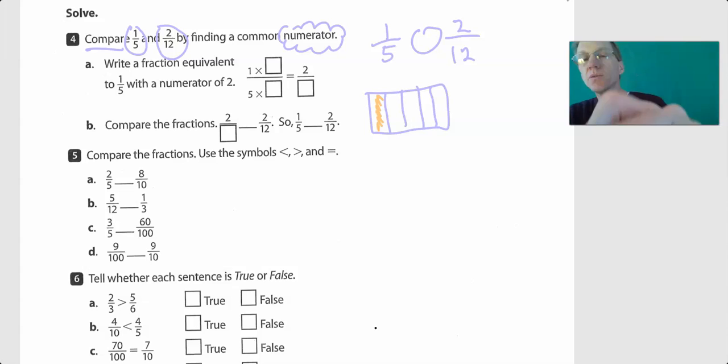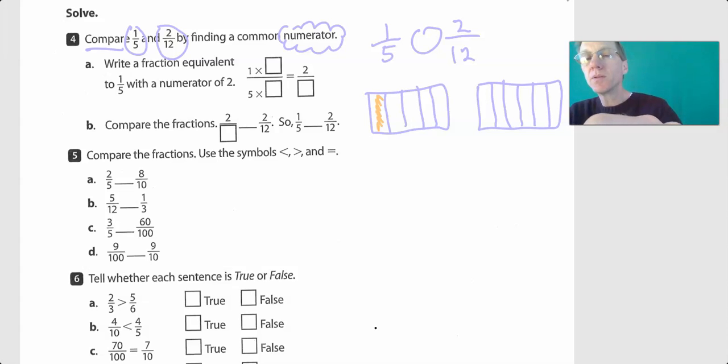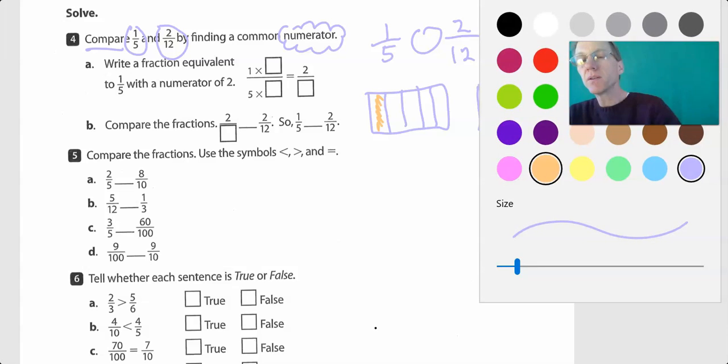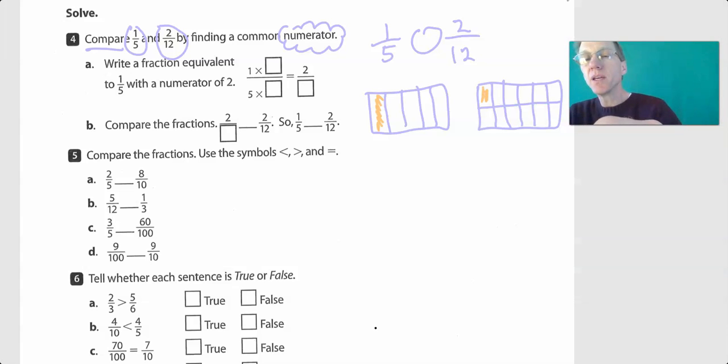Okay, so this pizza is 2 out of 12, which means I'm going to have to do it like this. 1, 2, 3, 4, 5, 6, and I'll cut that in half, okay? Because those are really small pieces. So if I want to get 2 slices of pizza, like I did here, I'm going to have to cut this one into 2 smaller slices.